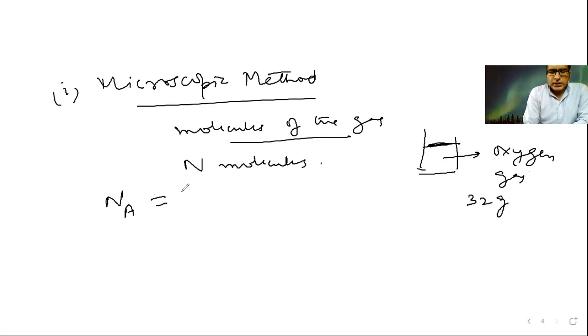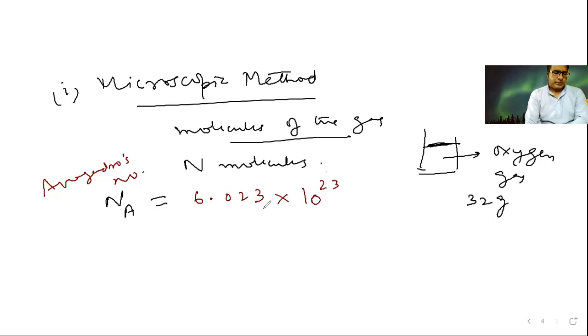Na stands for Avogadro's number. Its value is 6.023 into 10 raised power 23. So 32 grams of oxygen will contain 1 mole of oxygen gas. That means it is going to contain this much number of molecules. This is a huge number.